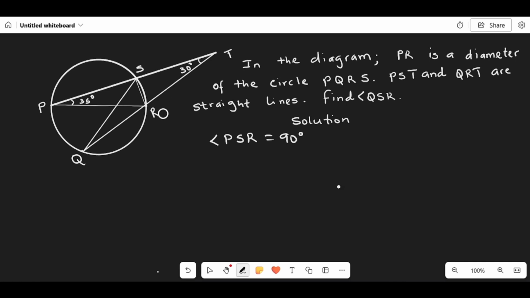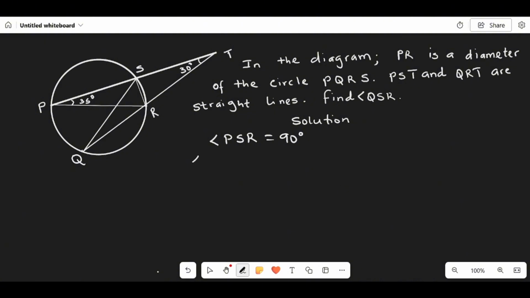Next, let us find angle RST. The sum of angle PSR and angle RST is equal to 180 degrees because the sum of angles on a straight line is equal to 180 degrees.